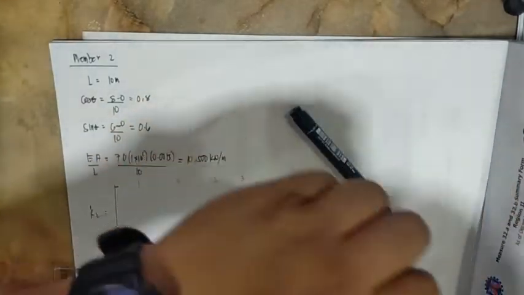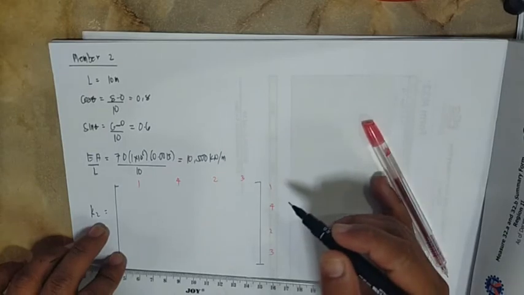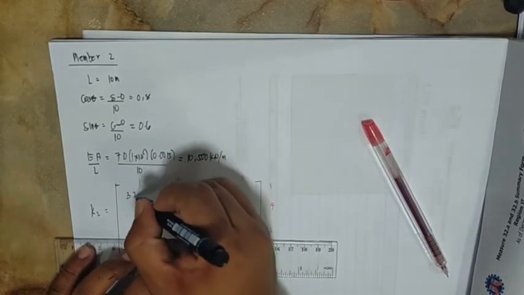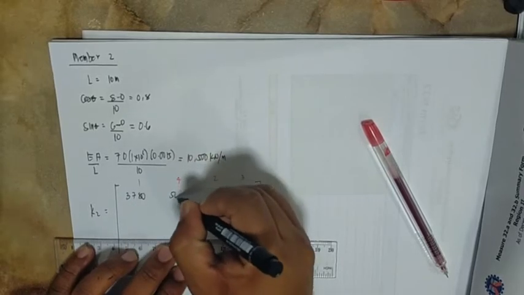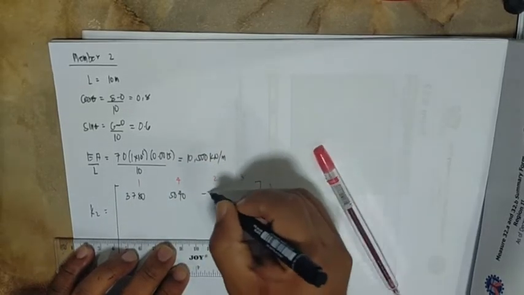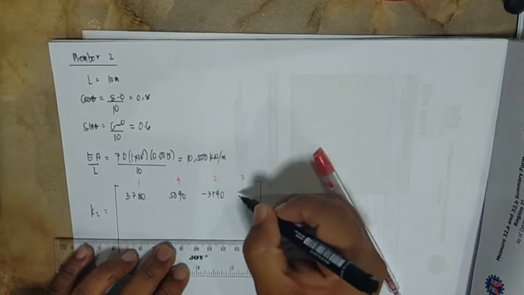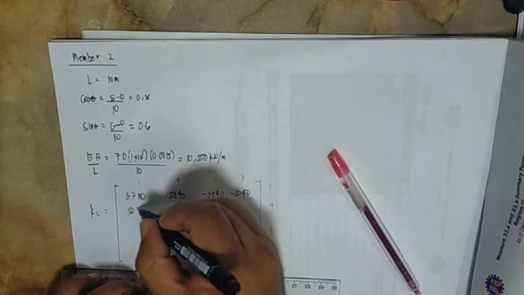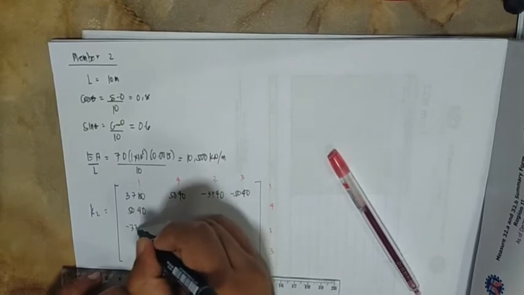Okay? So now, for K2, it will become 3780, 5040, negative 3740, negative 5040, and so on and so forth. I will just write.